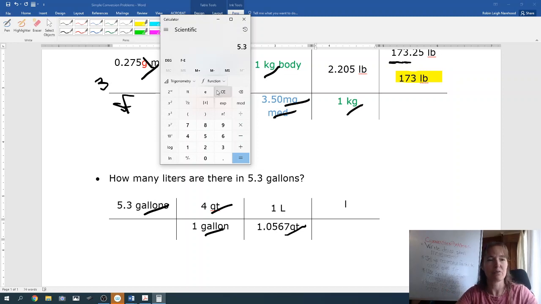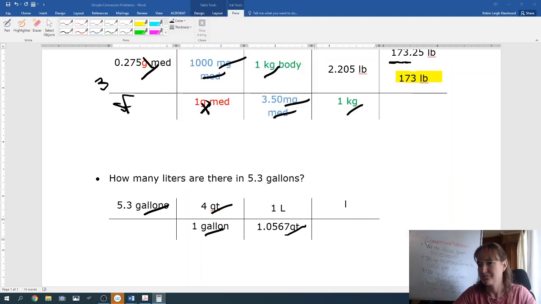So you got 5.3 as your measurement, and you're going to multiply by the numbers on top, so you got a 4, and then you have divided by 1.0567, and so we get 20.062458. So I'm just going to write 20.062458, and then it just keeps going.